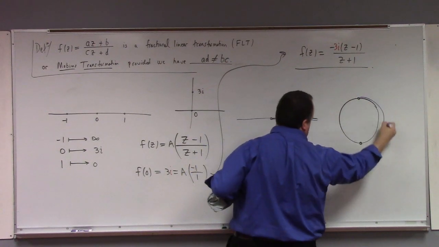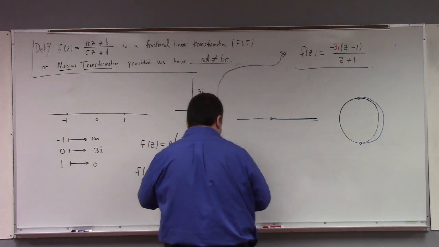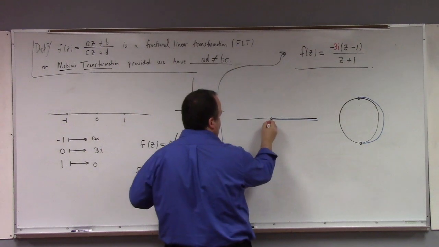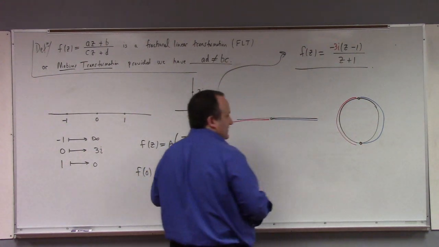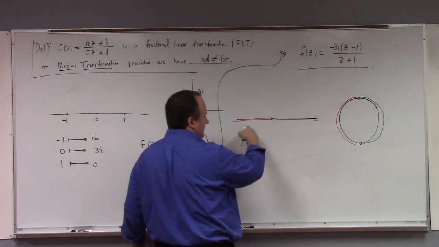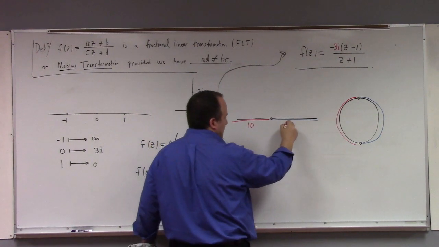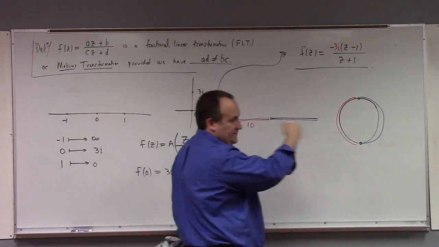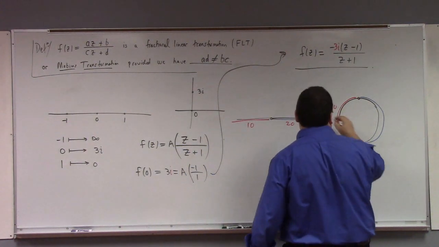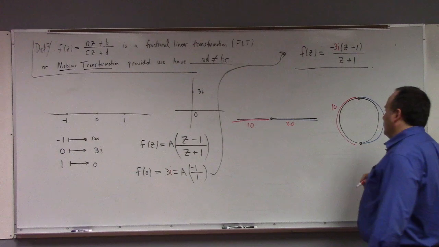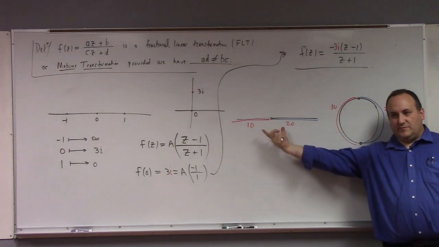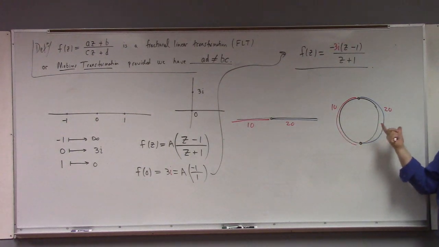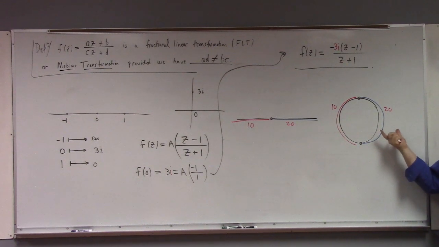Maybe this half maps to there, and this part maps to over here, like that, right? And so if I make a solution that has 10 here and 20 here, I can also get a solution over here that has Laplace's equation with 10 here and 20 there. And the way to do it is there's a Mobius transformation that will map this line to this circle.